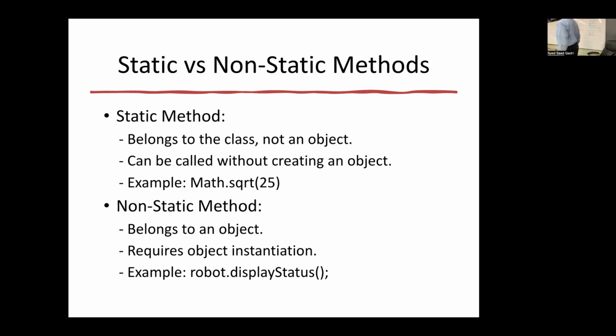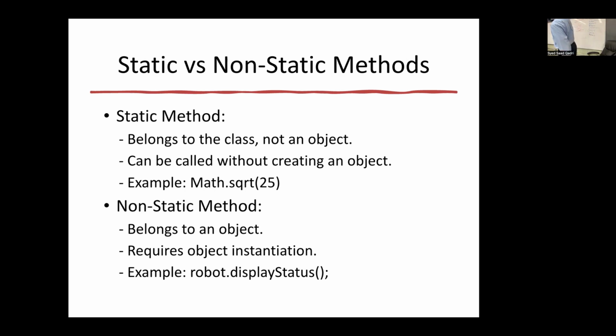Okay. So we talked about static and non-static. Notice the last bullet point. When you're calling a static method, you call it by the class name. How can you tell Math is a class name? Uppercase M. Okay, look at the last bullet point, display status.